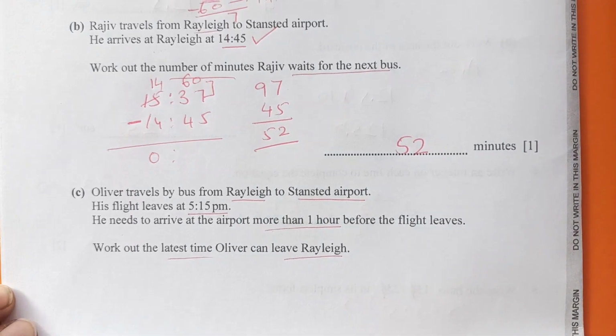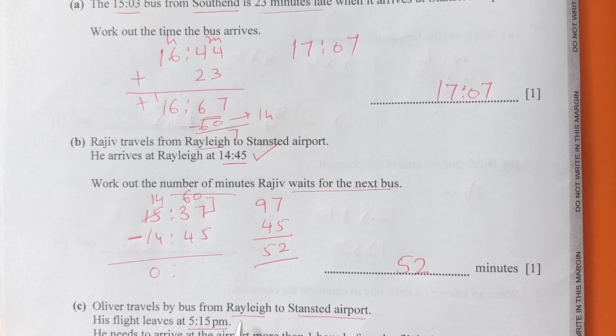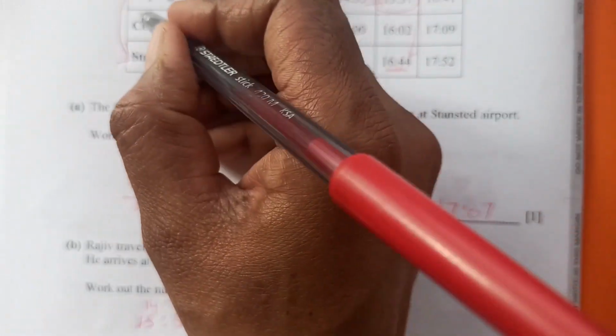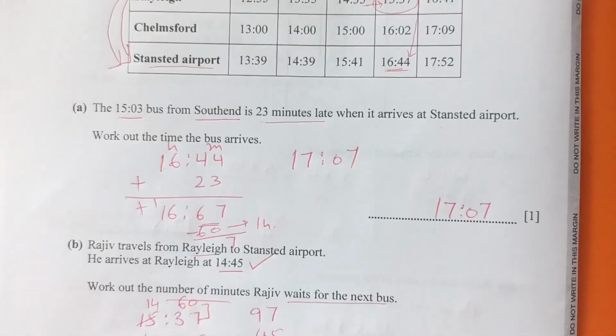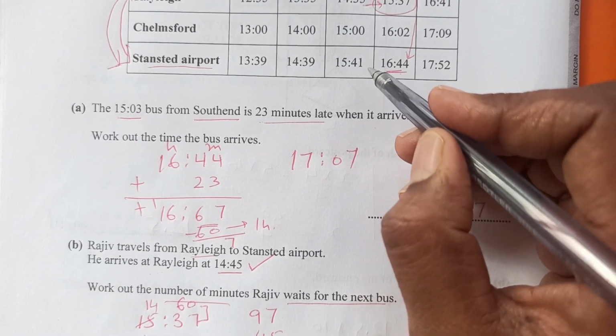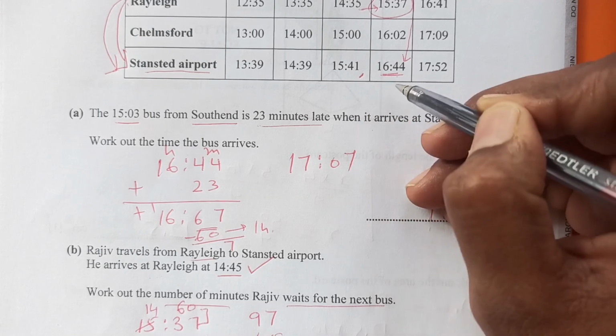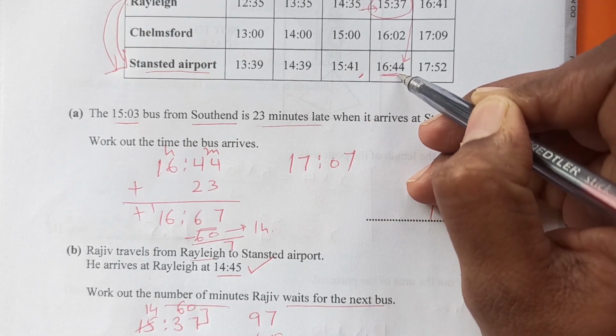So now his flight leaves at 5:15. This is again the journey from here to here. His flight leaves at 5:15, so that means 5:15 here. He has to arrive before that.